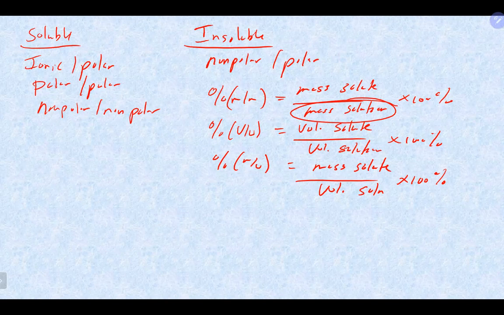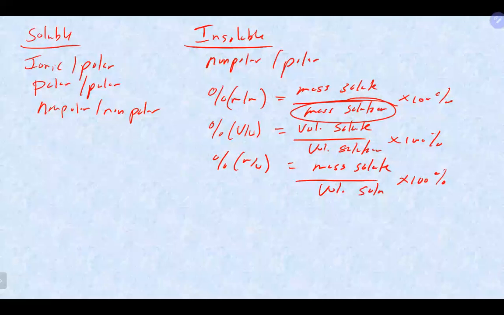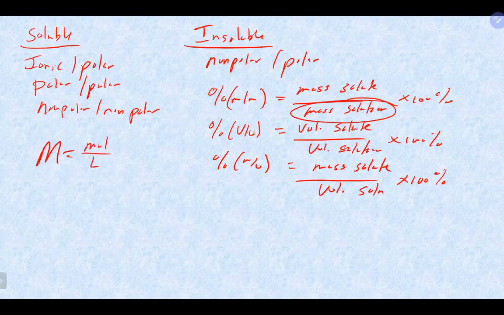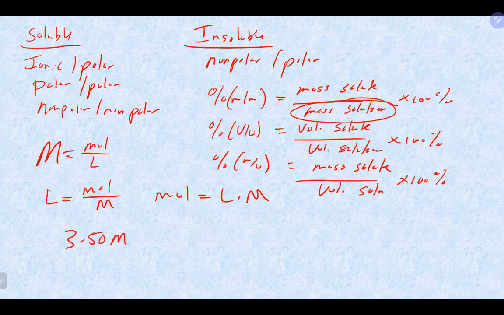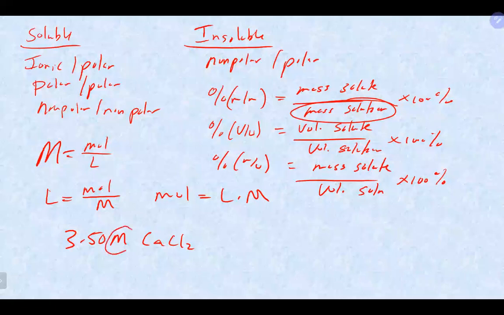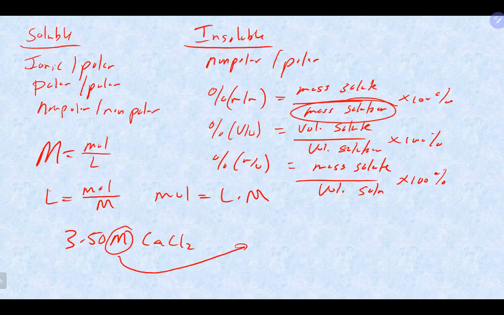We ended last time talking about molarity, which is the most common unit of concentration. Molarity is moles of solute per liter of solution. We can rearrange this equation: liters would be moles divided by molarity, and moles would be liters times molarity. When you have a solution in terms of its molarity, like a 3.5 molar calcium chloride solution, it's really important, as we talked about, to pull that M off and use both of the units in your calculations.